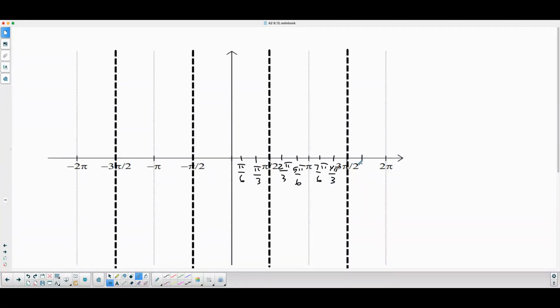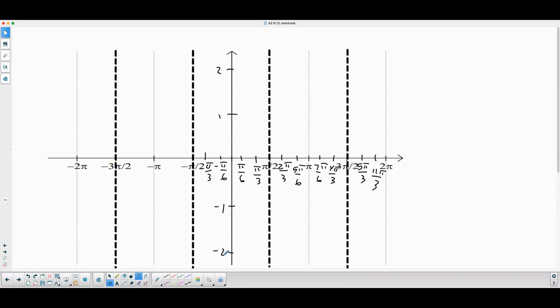That would be 5 pi over 3, and this would be 11 pi over 3. This would be negative pi over 6, and this would be negative pi over 3. And then I need to go up to 1 and 2, negative 1, negative 2.